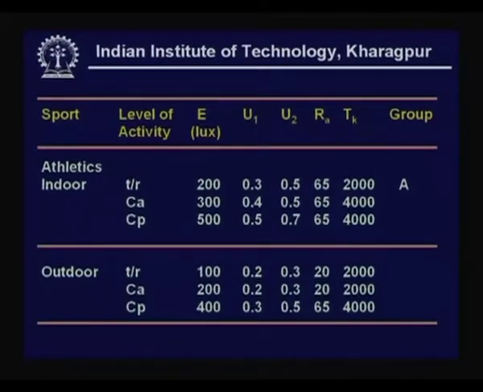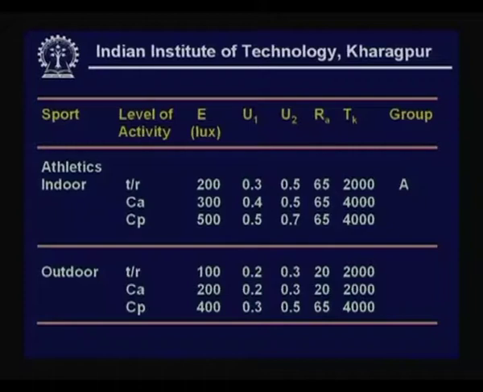If you go to outdoor, we find the lux levels required are less, and even the uniformity indices U1 and U2 are lower compared to the indoor levels. However, for international coverage, either indoor or outdoor, the color rendering index and the color temperature are similar.